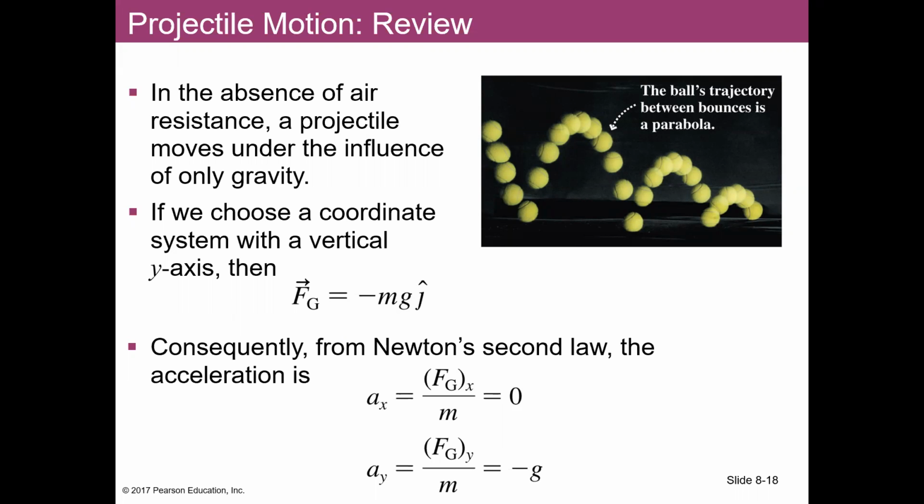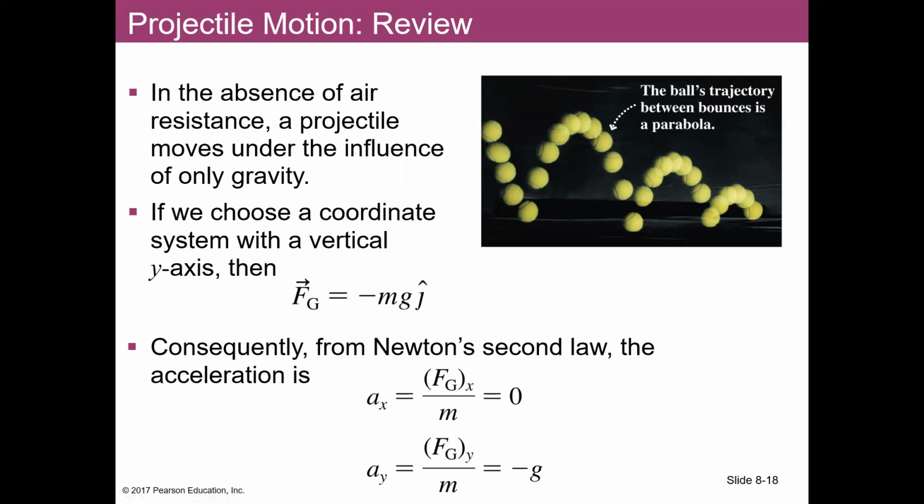And so if you equate minus mg in the j direction to ma, your acceleration is the expected value of minus g in the j direction, because the acceleration in the x direction is 0, like that equation at the bottom says.